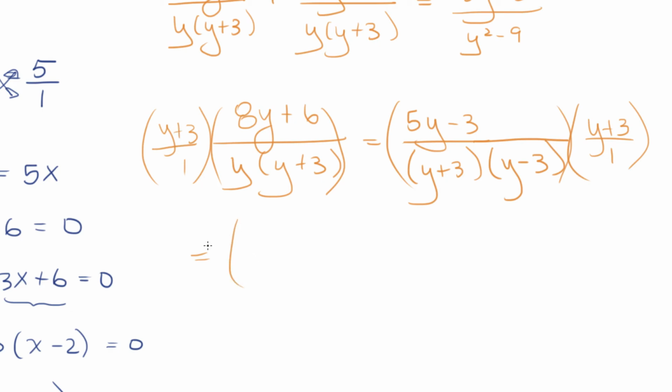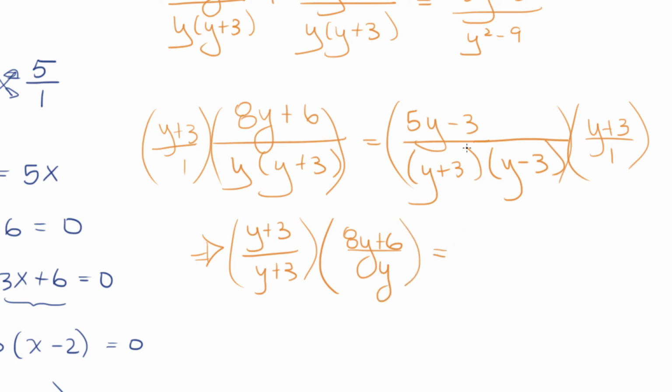So on the left side, I have 8y. Let's just go straight with the y plus 3. Now I have y plus 3. Again, I'm going to shift the y plus 3 under it. And on the right fraction, you have 8y plus 6 over y.